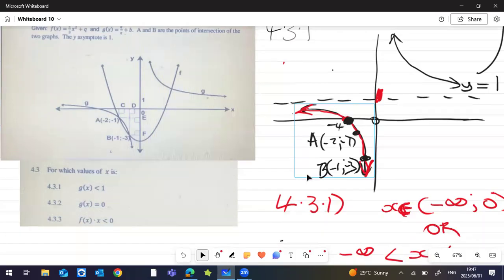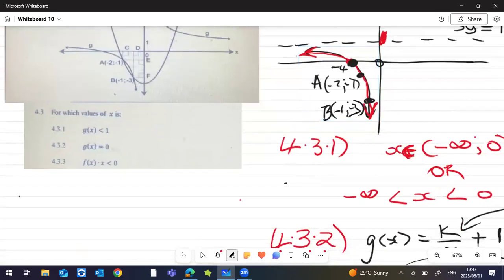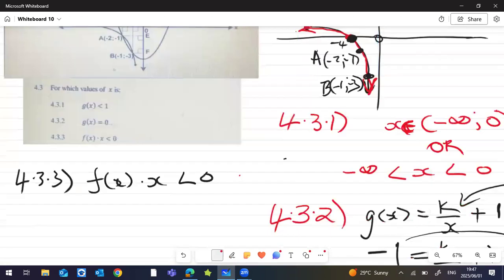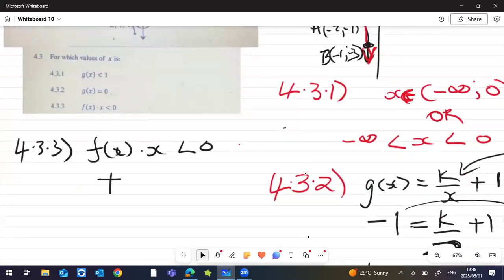Or when the parabola is negative, then we must have a positive x-intercept. Because for a product to be less than 0, let me just write it down, 4.3.3. If you have f of x times x, and we want it to be less than 0, it means if this f of x is positive, then x must be negative. If the function is negative, then we must look where our x values are positive.